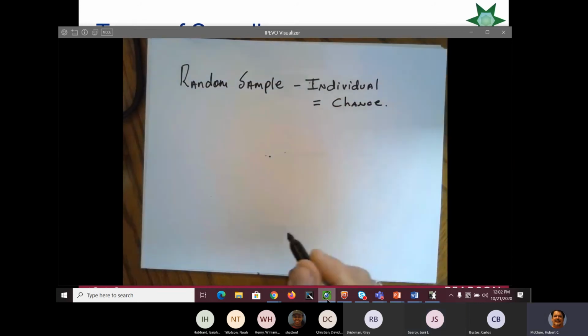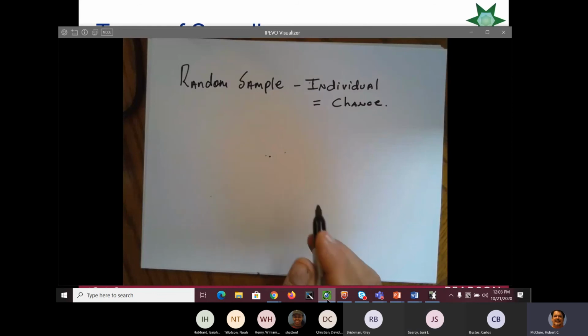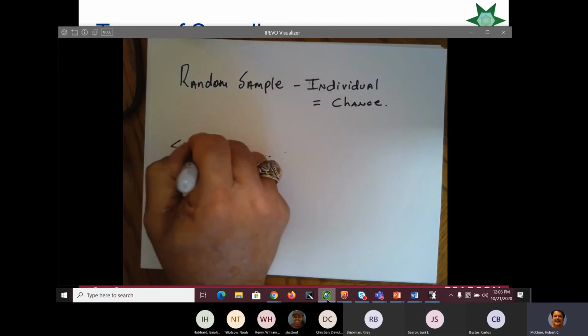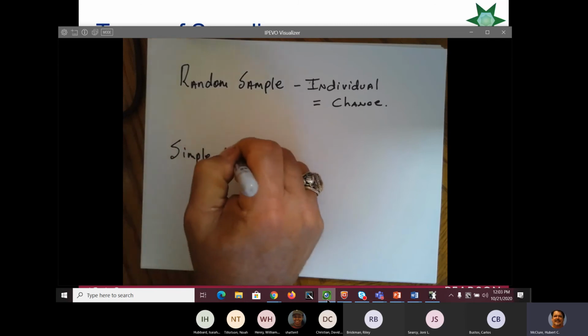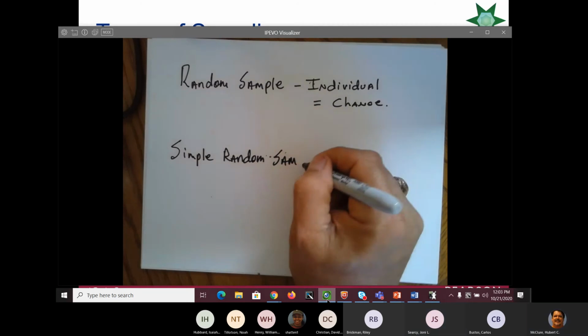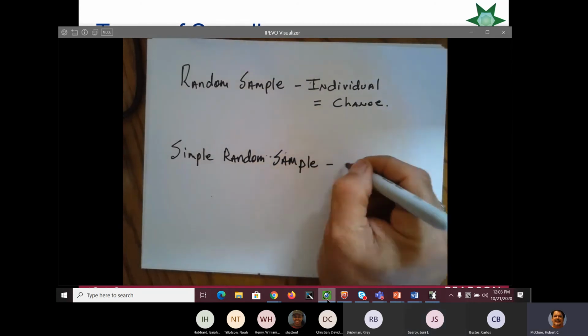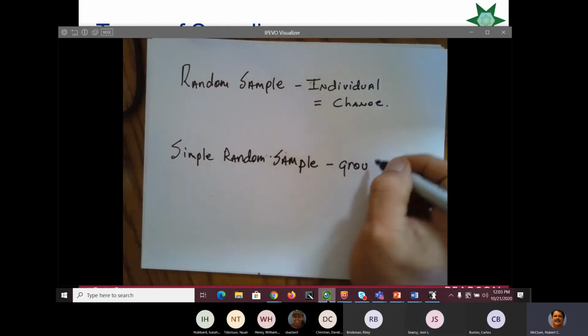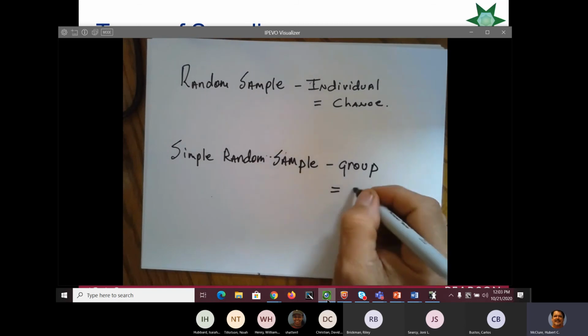So if I put everybody's name in a fishbowl, there's 8 people in this class, so I have 8 pieces of paper in a fishbowl, and I pick one name, then that's a simple random sample. Now I take out the individual and I put group, having an equal chance.